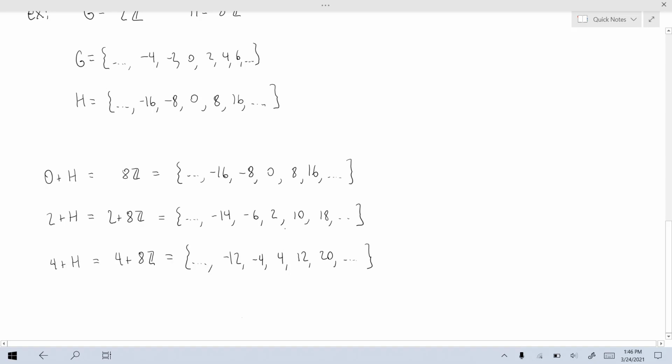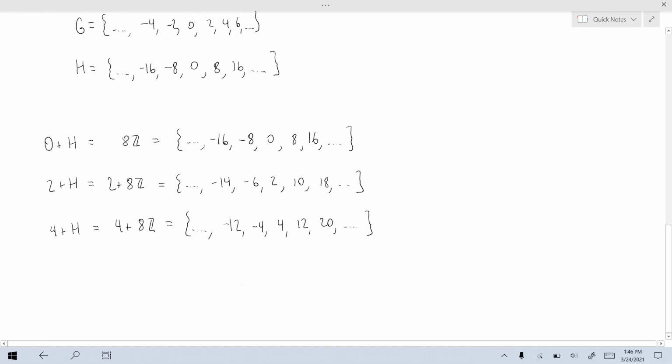So nowhere does the number 6 appear in any of these cosets. So let's take the number 6 right now and add it to everything in H. All right, so adding 6 to everything here, I'm going to get this.